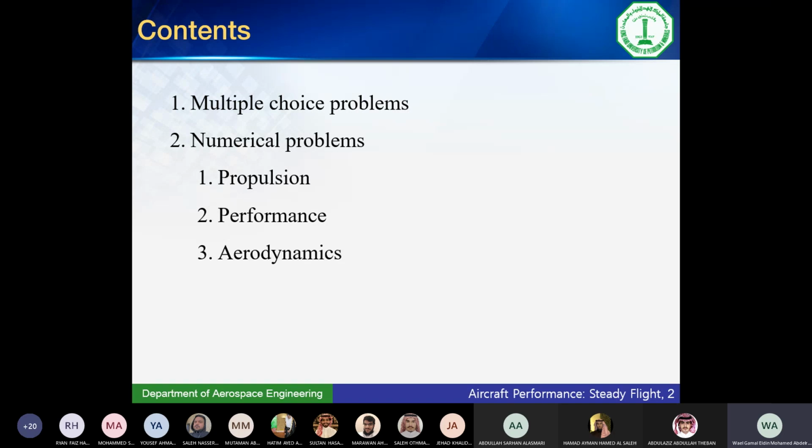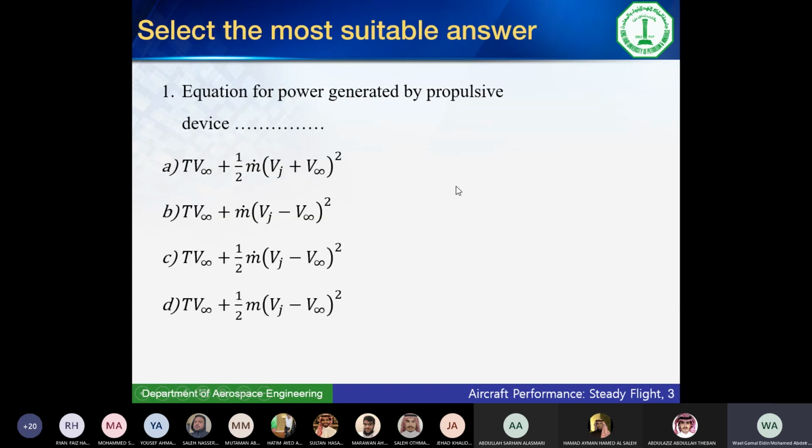So make sure you remember the equation, understand the equation, and then pick the answer. So let's try some of this. Equation for power generated by a propulsive device is one of these 4 options. I will leave you for a minute or two to have a look at them, and if you think you have the right answer, just raise a hand.